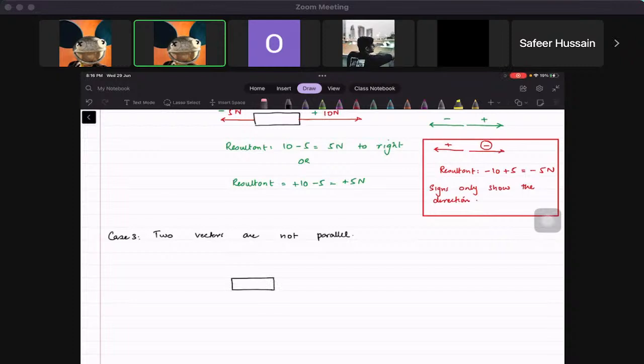This time you have 10 newtons here, but 5 newtons is actually at 40 degrees, like that. Because they do not have opposite or same direction, we cannot just simply add them or subtract them. We have to use a different method. So let's look at it.